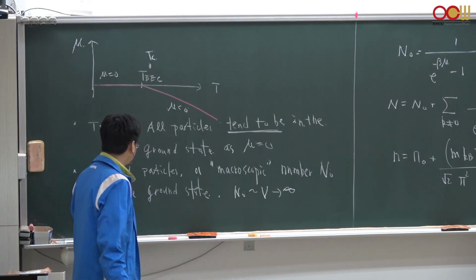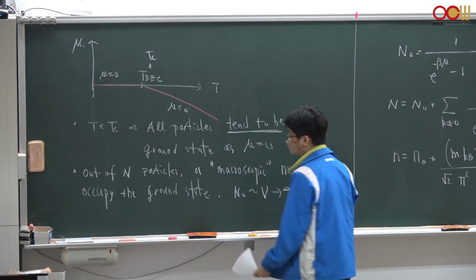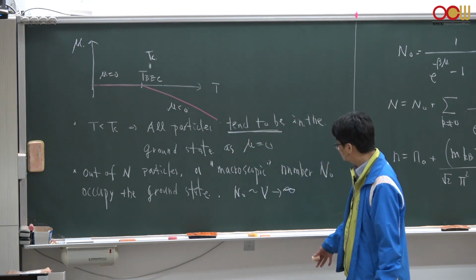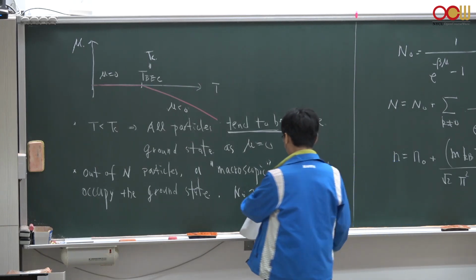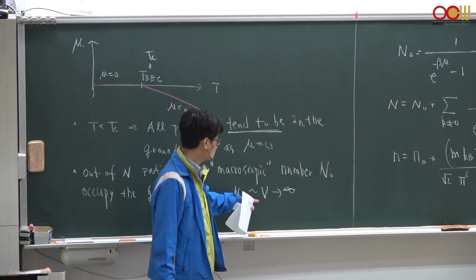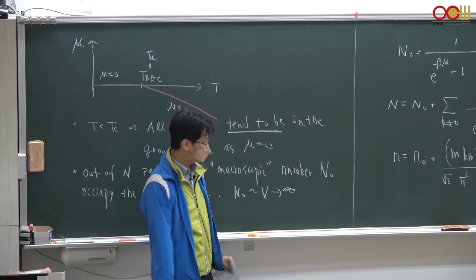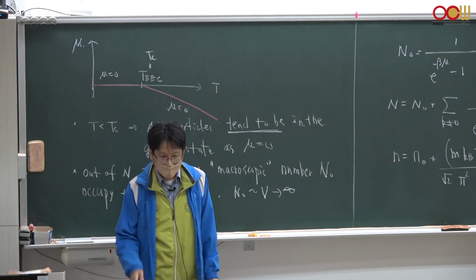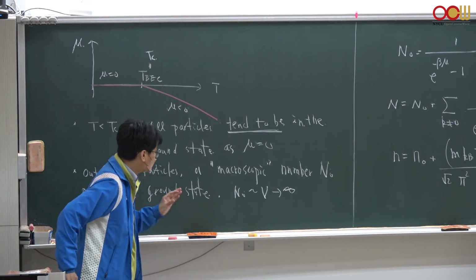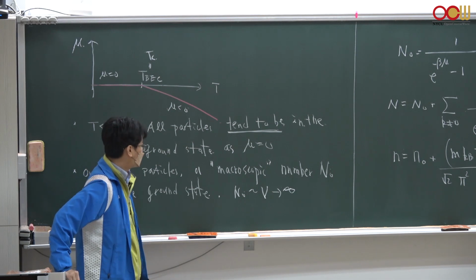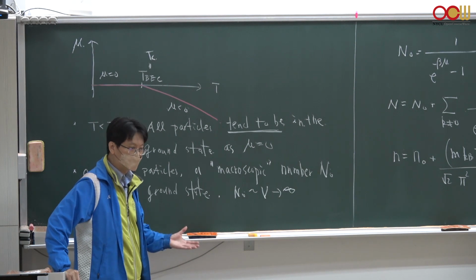Which means that out of N particles, a macroscopic number N0 occupy the ground state, and macroscopic means that N0 is of the same order of magnitude as the volume, which tends to infinity. So not 100% of bosons are in the ground state when the temperature is just below Tc, but a sizable, macroscopic number N0, which approaches infinity, but still not 100%.